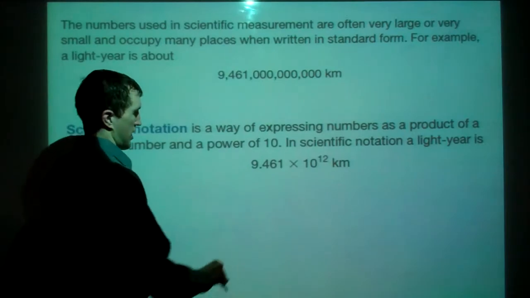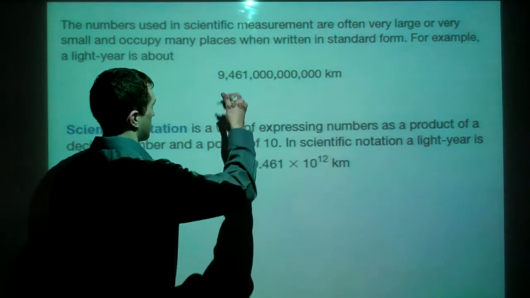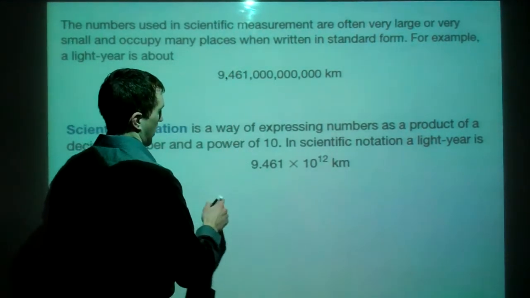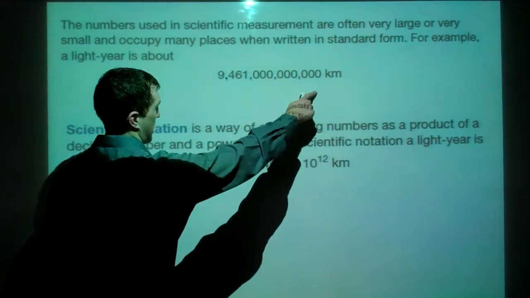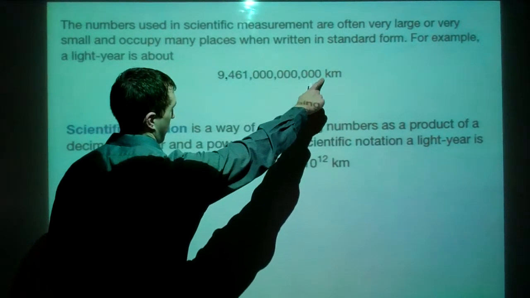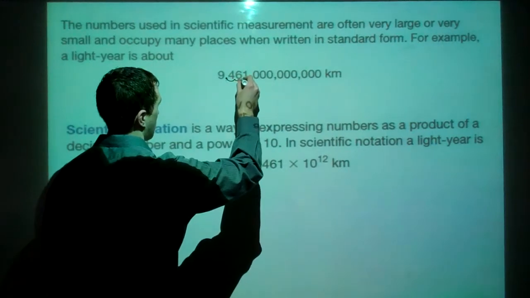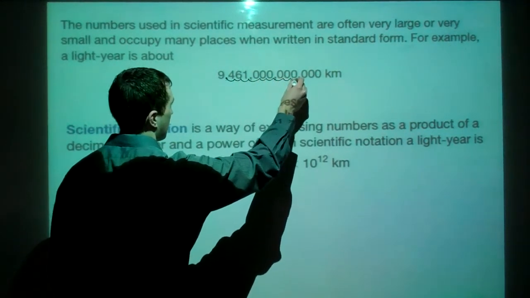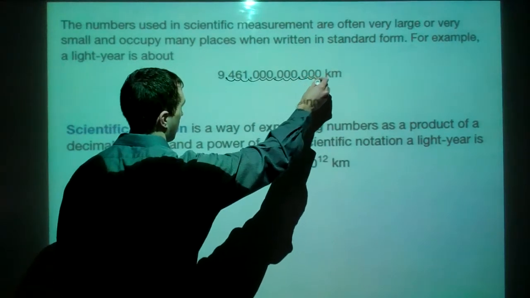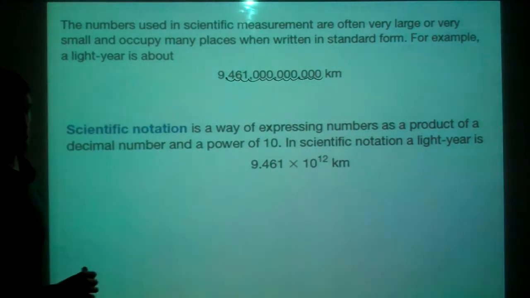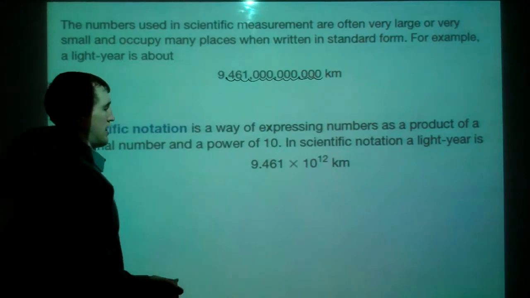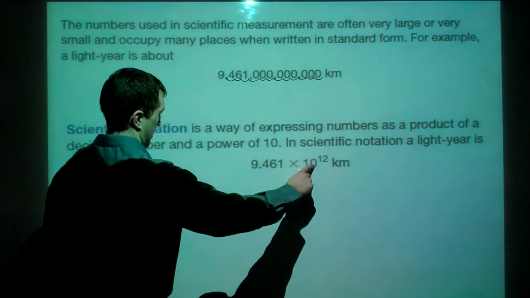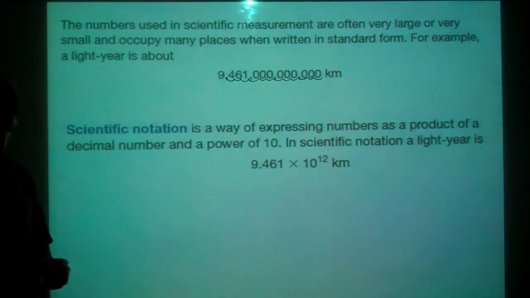So if I check this, we start here, I should be able to move it 12 spots and end up at the end of this number. 1, 2, 3, 4, 5, 6, 7, 8, 9, 10, 11, 12. Took me 12 moves to get to the end there. So that's how they knew this would be 10 to the 12th. That 12, or 10 to the 12th, means we're moving our decimal 12 spaces to the right.